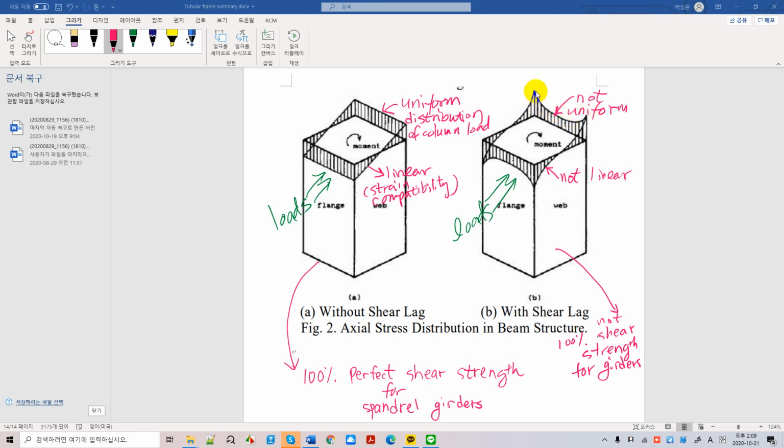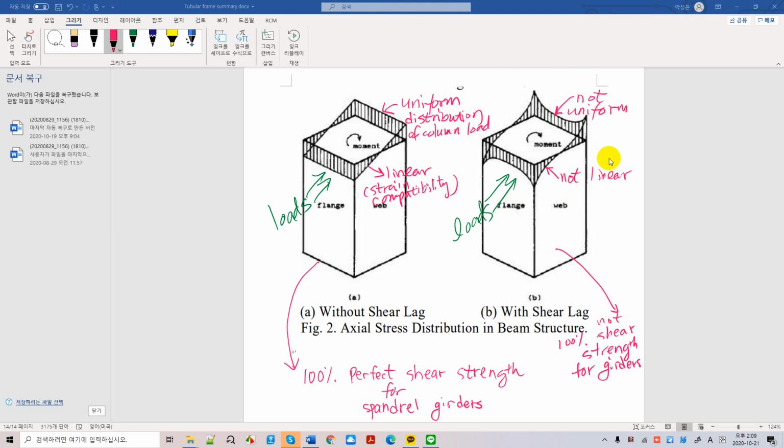It is very non-uniform, so that the column in the middle does not pick up the forces picked up by these columns, resulting in the columns here not working as hard as those columns here and here, which are very hard working. This does not represent good design, as you can see.